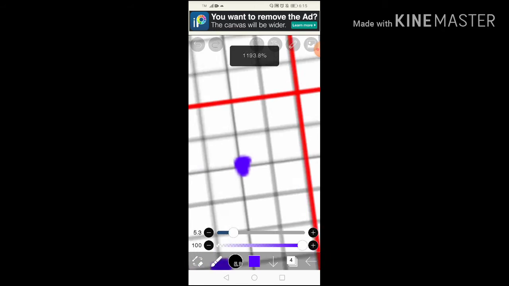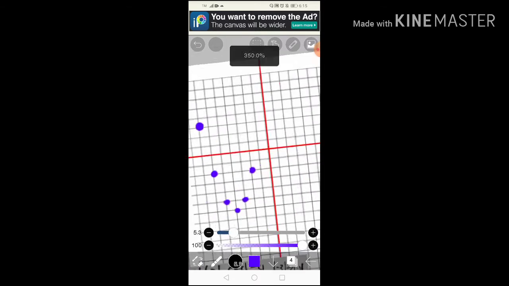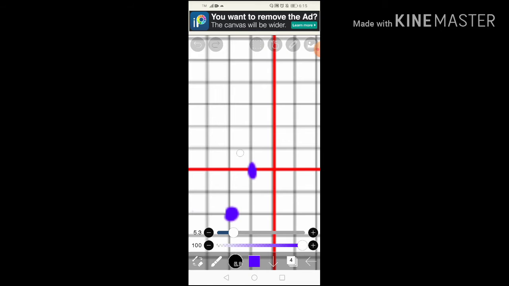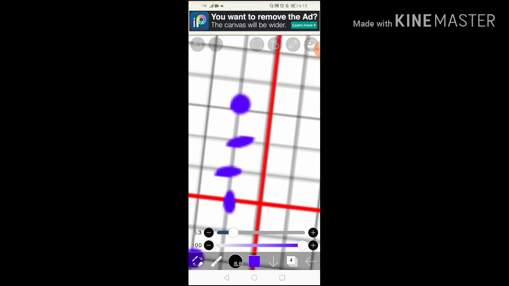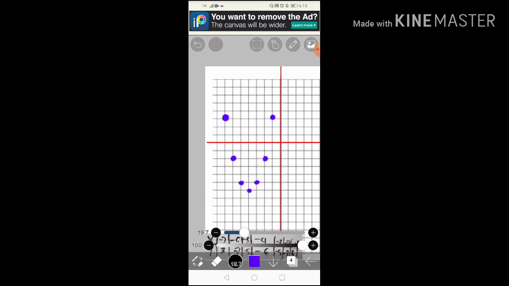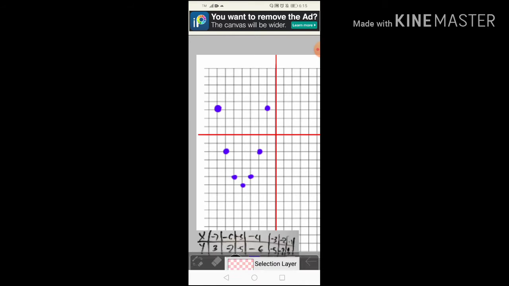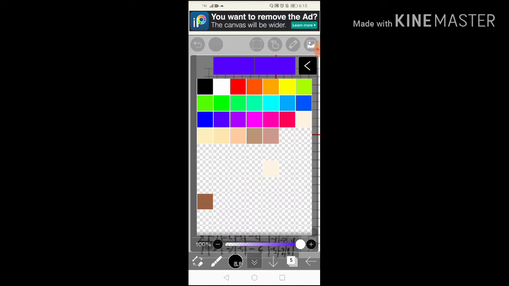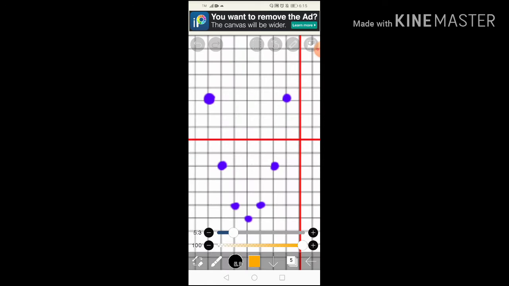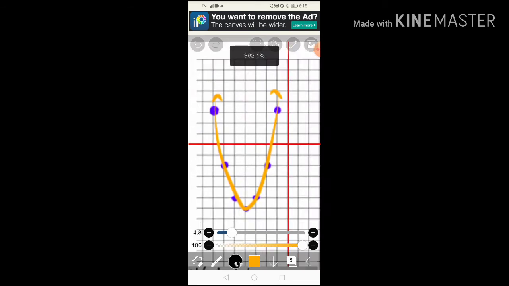And then negative 1, negative 3. So after that, we then have our fourth equation, our parabola, for equation number 4.